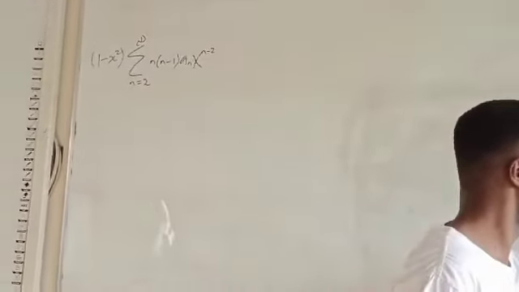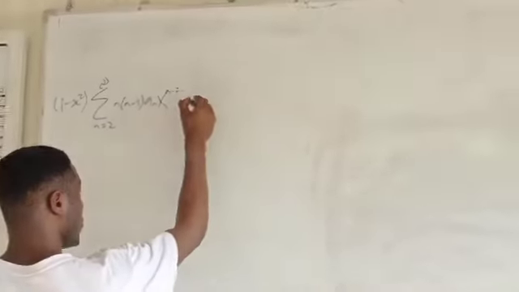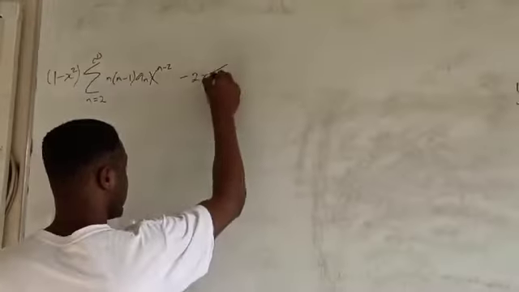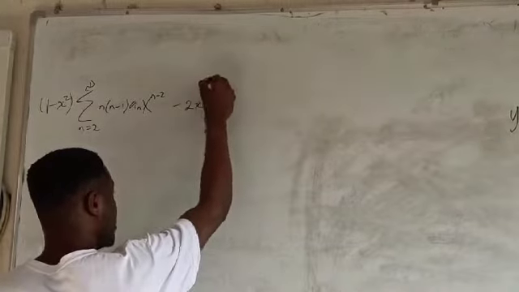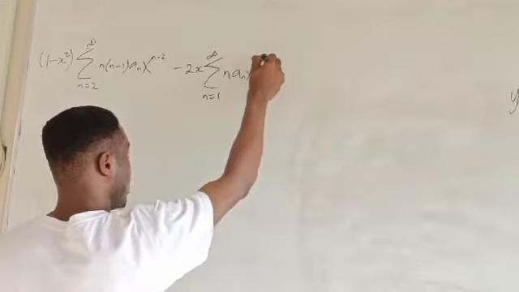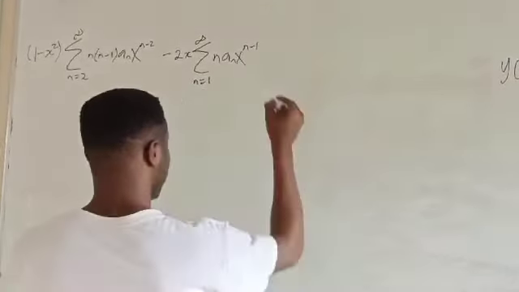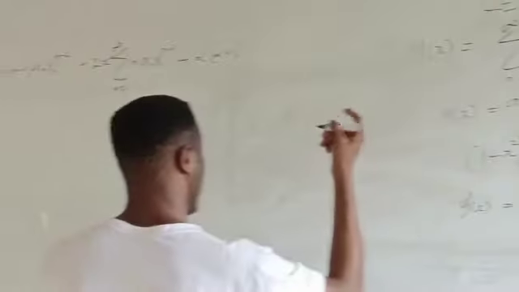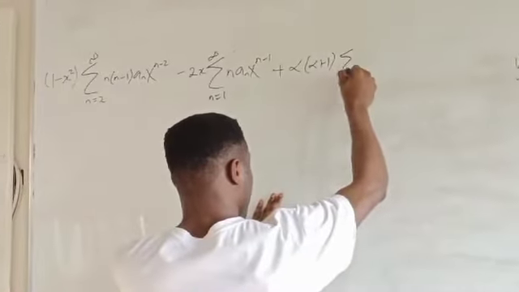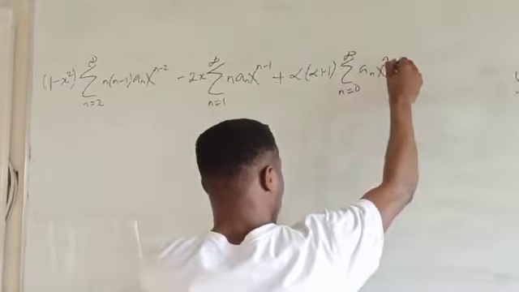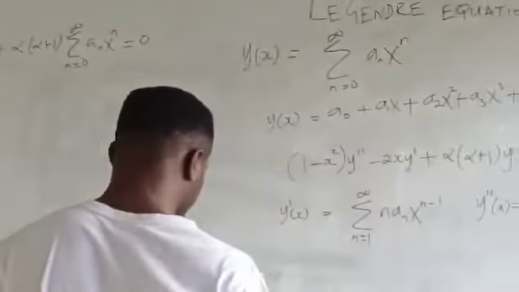Then we move over to the next one, negative 2x is being multiplied by y prime, and our y prime is the summation of n equals 1 to infinity n a subscript n x raised to the power n minus 1. Then the last but not the least is plus alpha bracket alpha plus 1 being multiplied by our y, and our y is the summation of n equals 0 to infinity a subscript n x raised to the power n. All this equals 0.